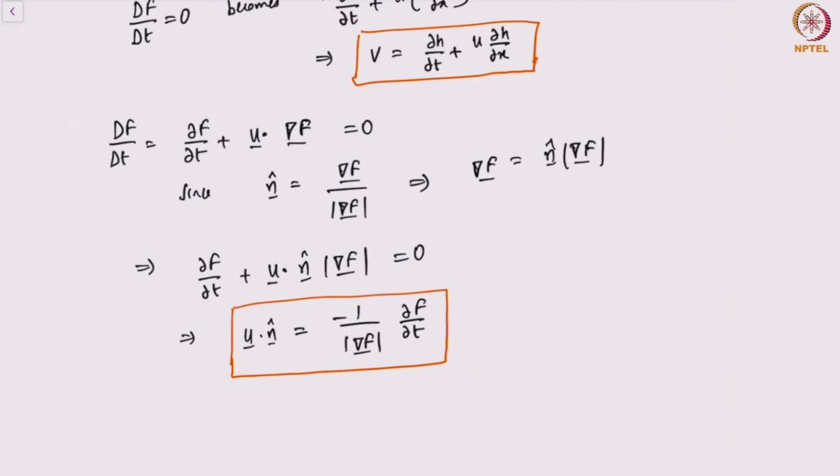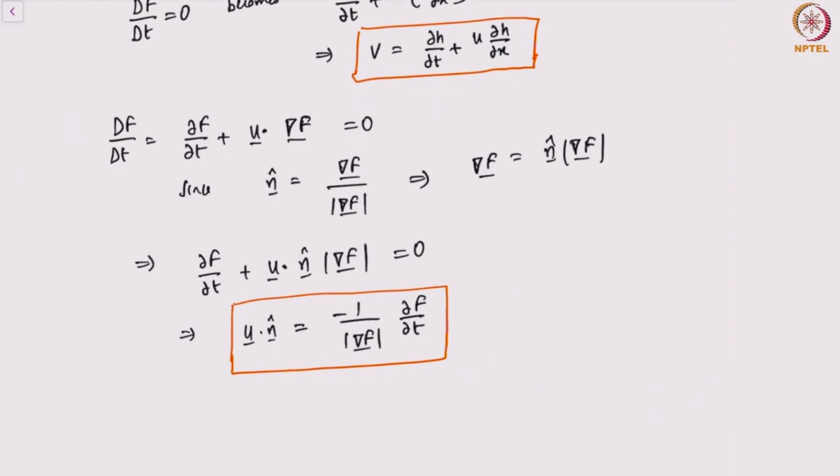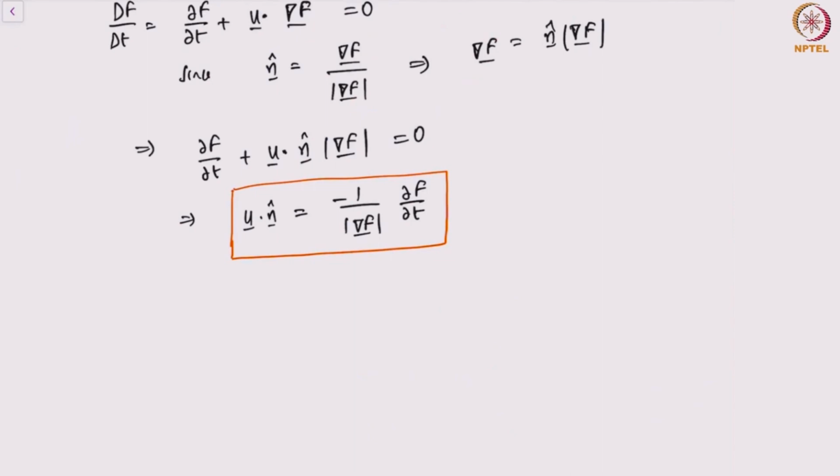Okay. So this condition, the second condition, is especially useful when the interface is fixed in position, fixed in space. Then this condition simply becomes u dot n is equal to 0.